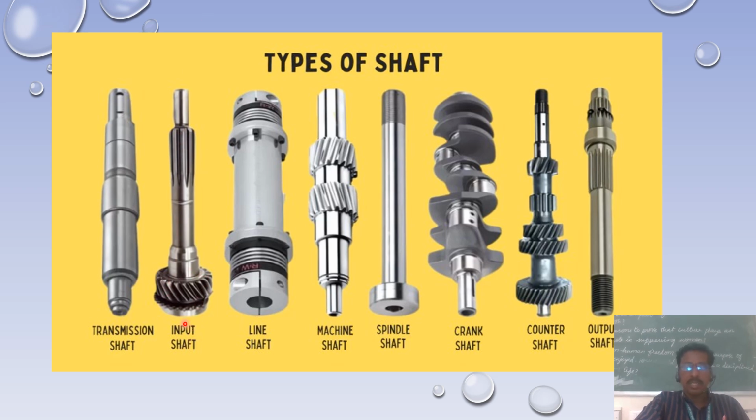They will fix the sensor here and receive the data on how much the shaft is rotating and whether it is working properly, so they can continuously monitor the shaft for accuracy. So these are the different types of shafts available in different machines to produce different types of outputs.